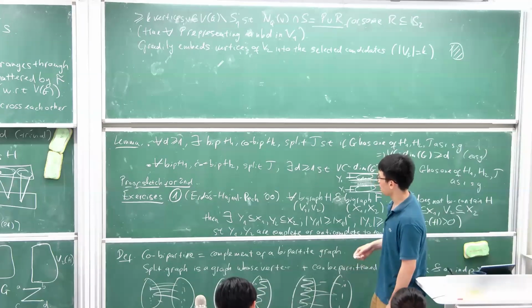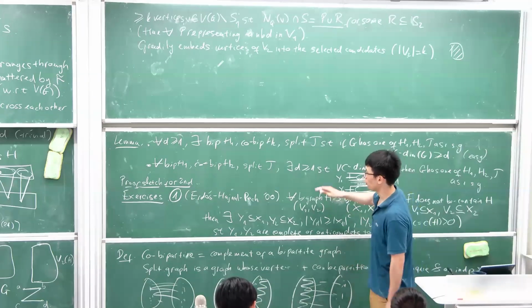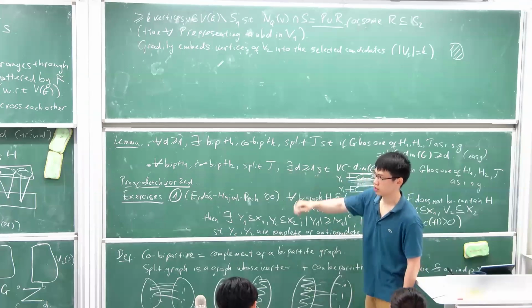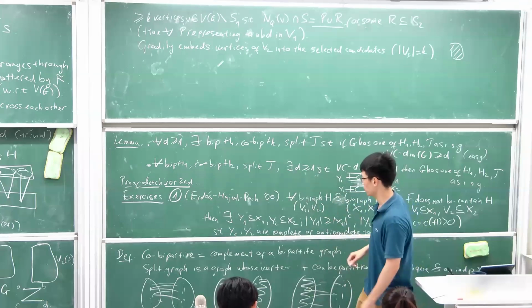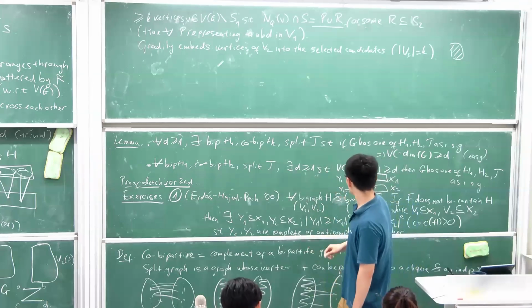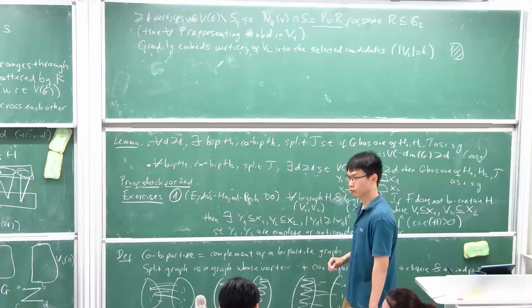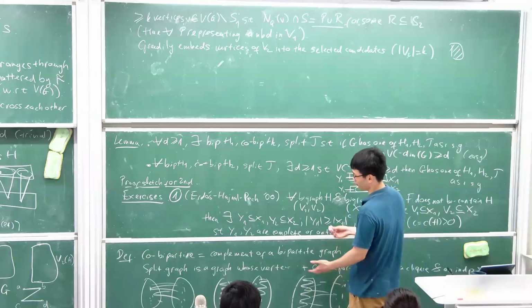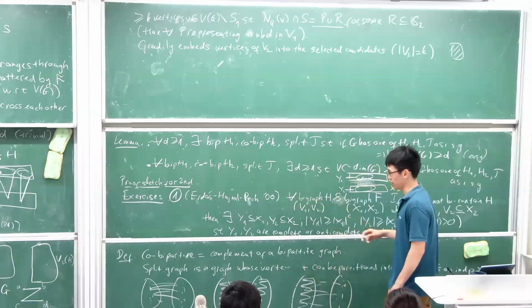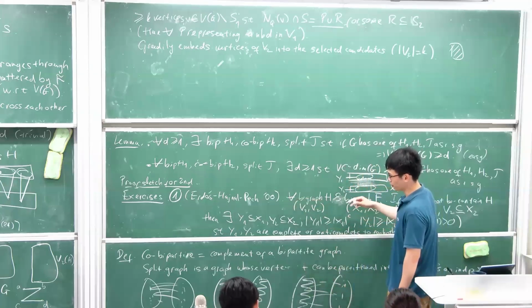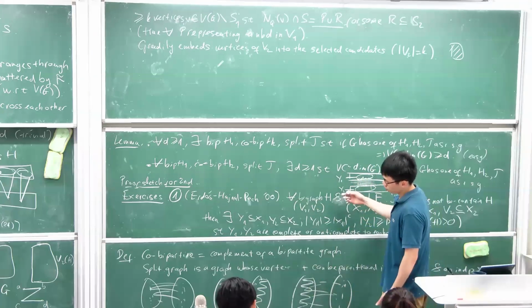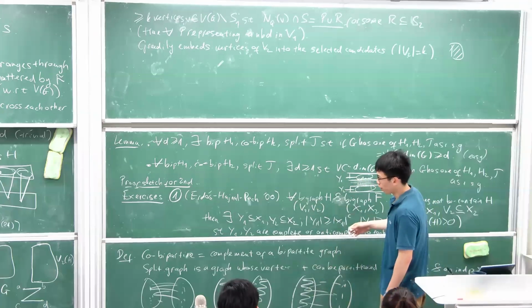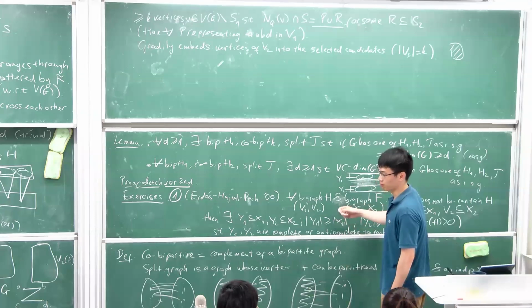So this is a more refined version of the second result in the previous lemma. Do you really need this polynomial thing in order to prove the second lemma? Probably not. But for me this is a nice result, and compared to the usual such result for general graphs, this is much simpler.